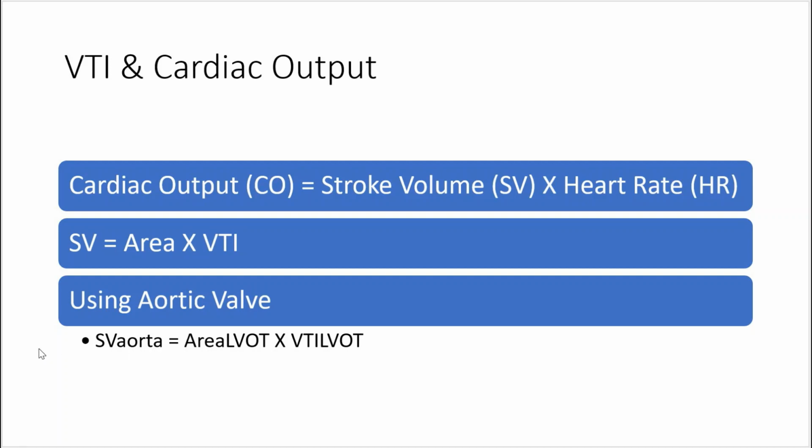Using the aortic valve, and therefore the cardiac output across the aortic valve, you can use the formula: stroke volume of aorta equals area of LVOT times VTI of LVOT.